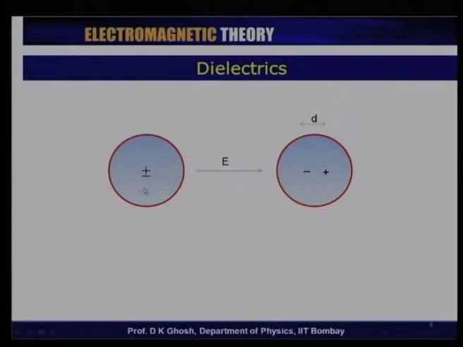Now, this would mean that the net dipole moment is equal to 0, because dipole moment is q times the distance, and so this is equal to 0.